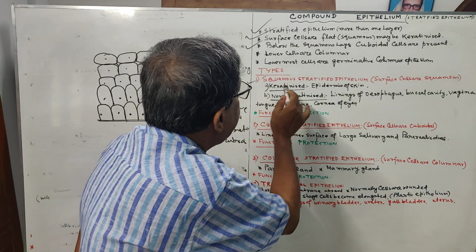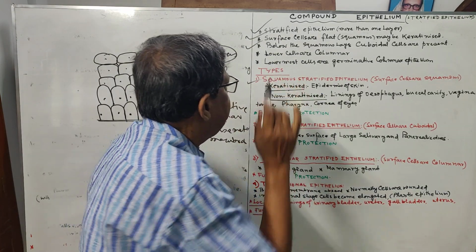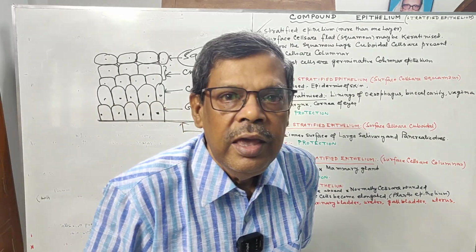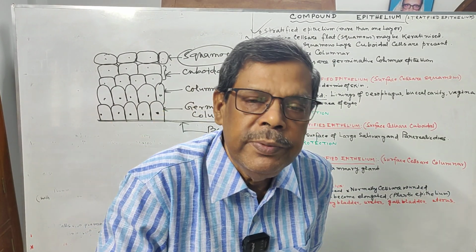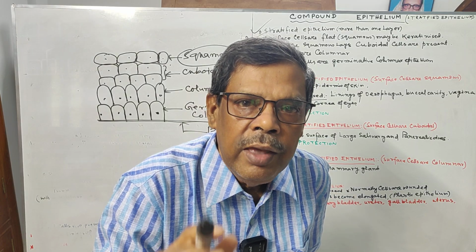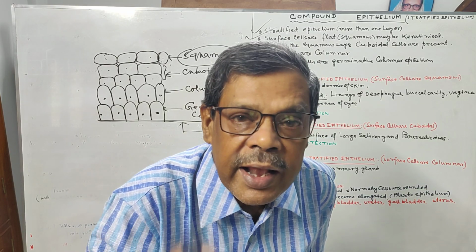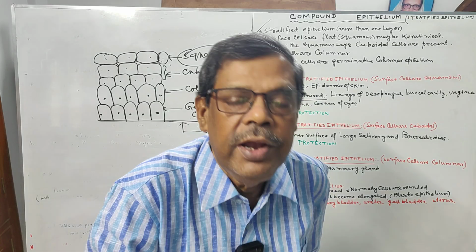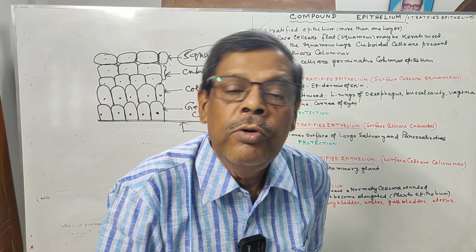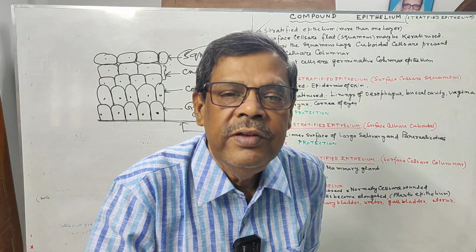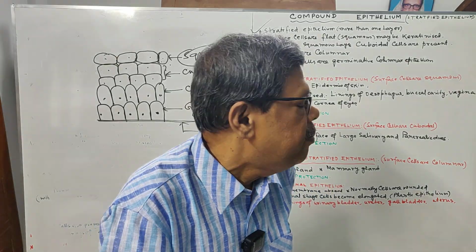It is divided into two types. In keratinized stratified squamous epithelium, one kind of protein, keratin, is deposited into the cell. So it is called keratinized stratified epithelium.